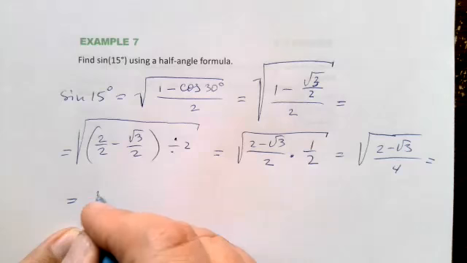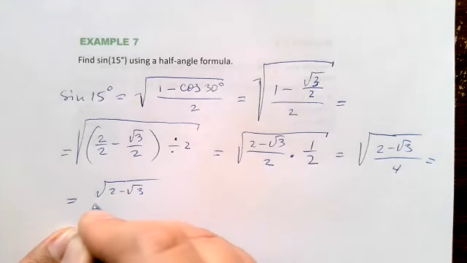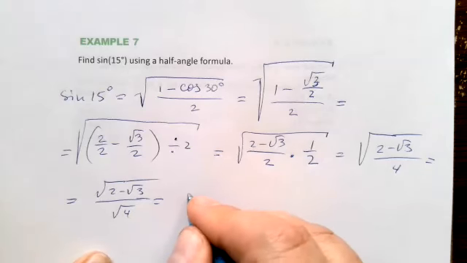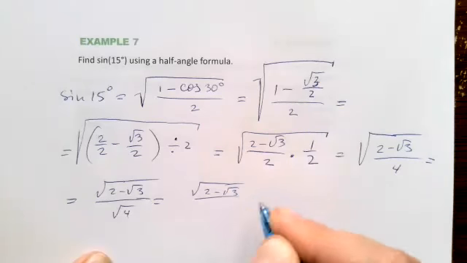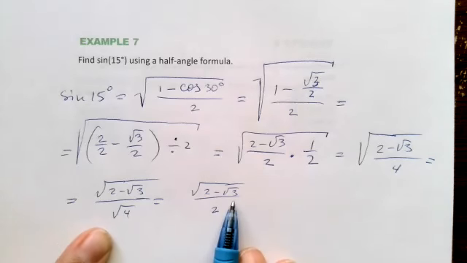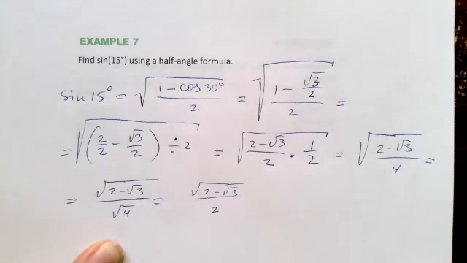I can put the numerator under its own root and the denominator under its own root, and simplifying root of 4, I'm going to get the answer of a square root of 2 minus root of 3. Notice that the first root covers everything, including the root of 3. This is still under the root, divided by 2. And that's our answer.